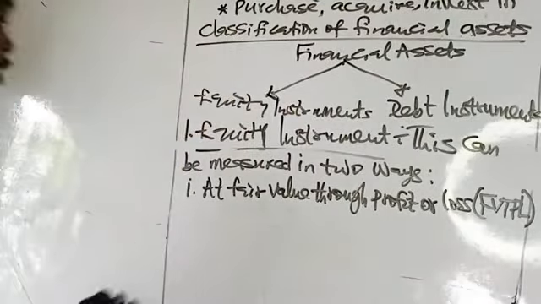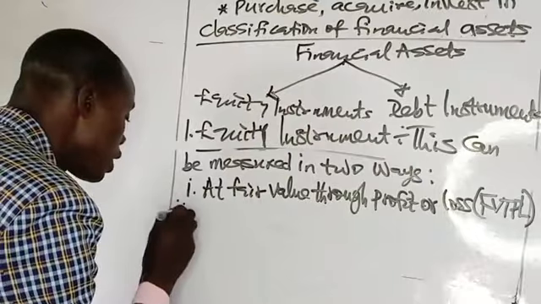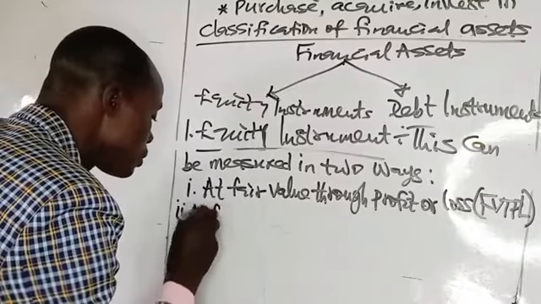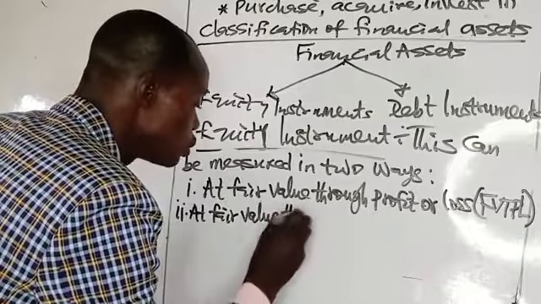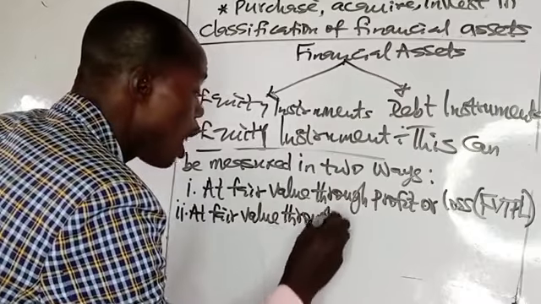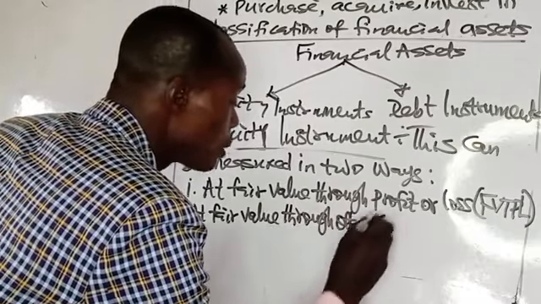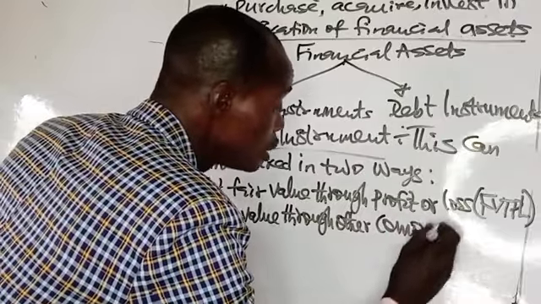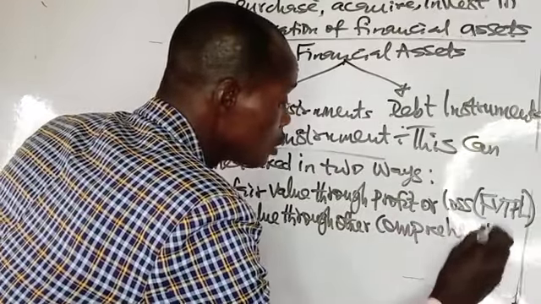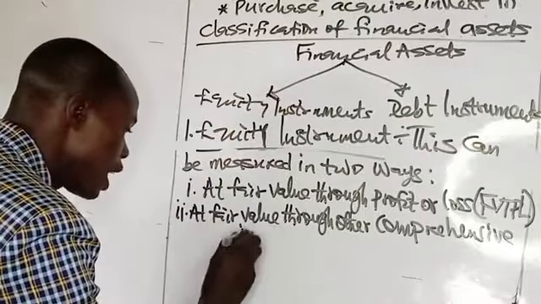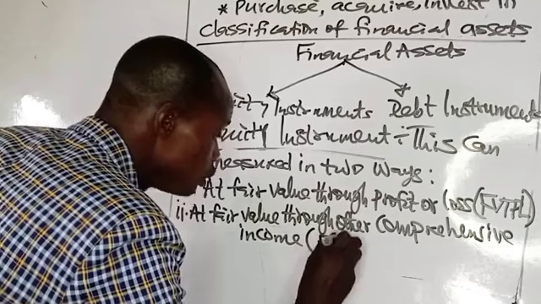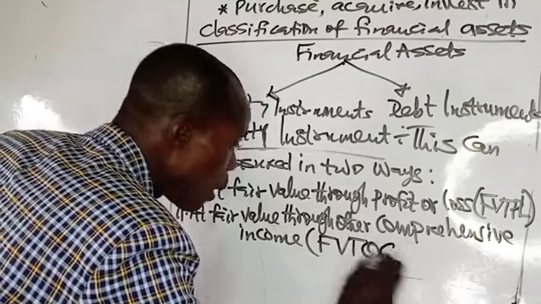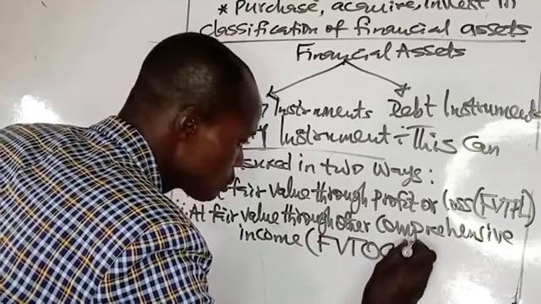Number two, at fair value through other comprehensive income.